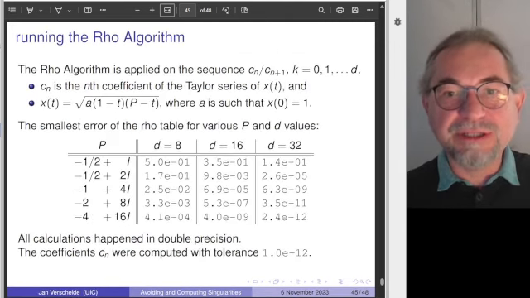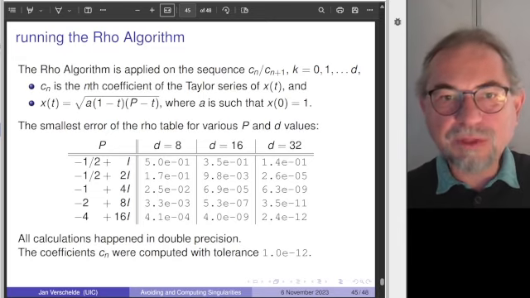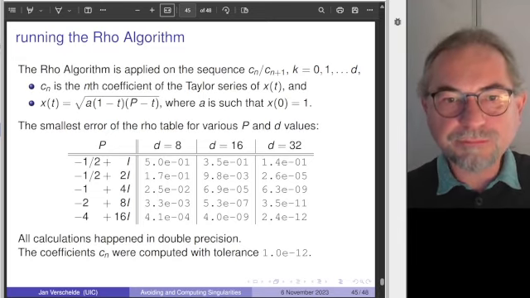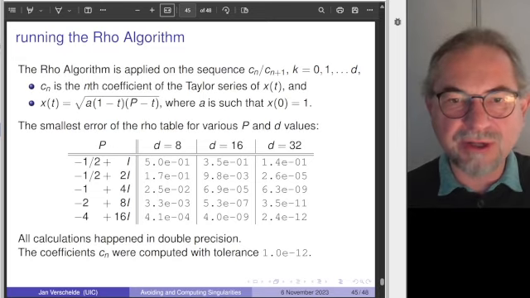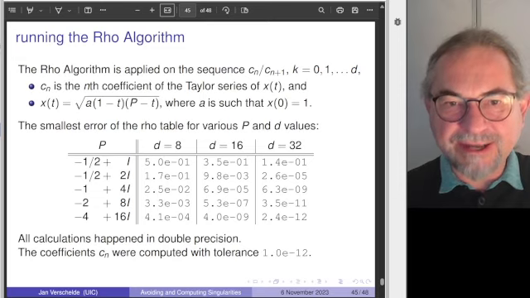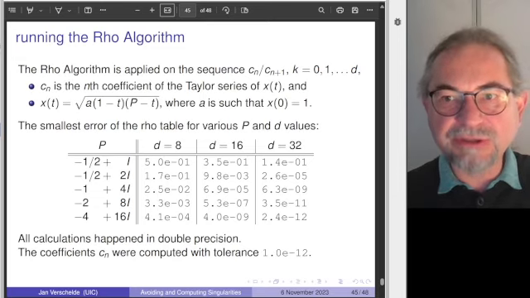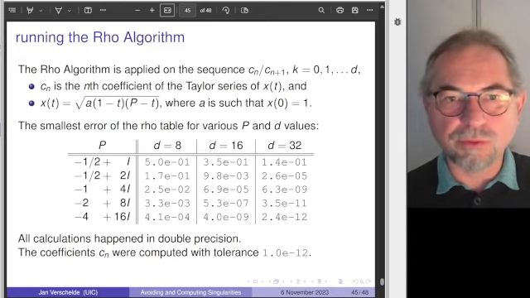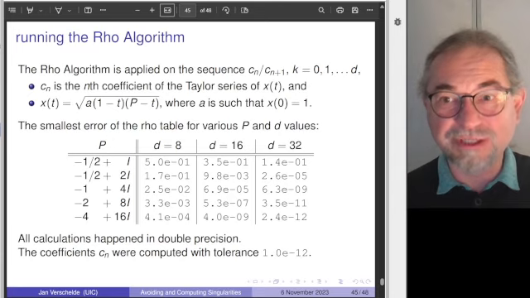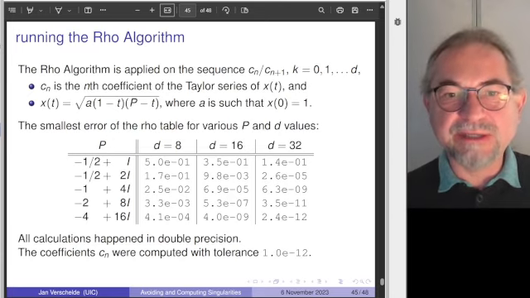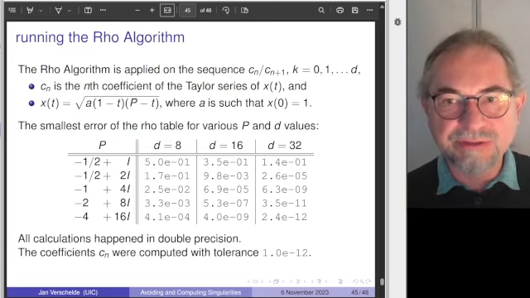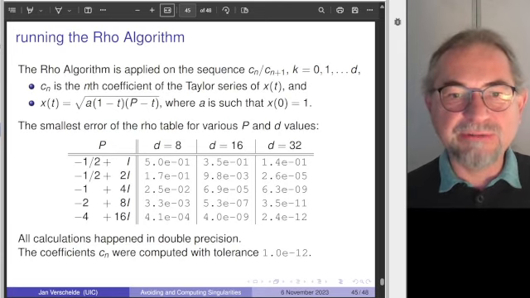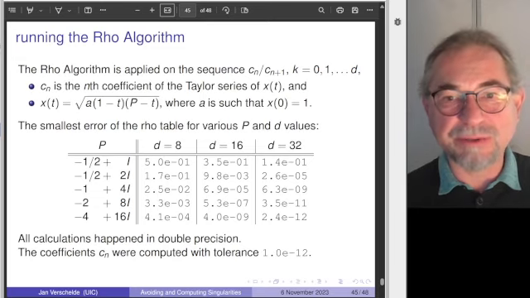If you run the row algorithm with the last pole, so if you are very close to the last pole, then you see that with the square root there was no other pole, but now suppose that there is a last pole. If this last pole is quite close, then with 32 terms you only get 1 decimal place correct.